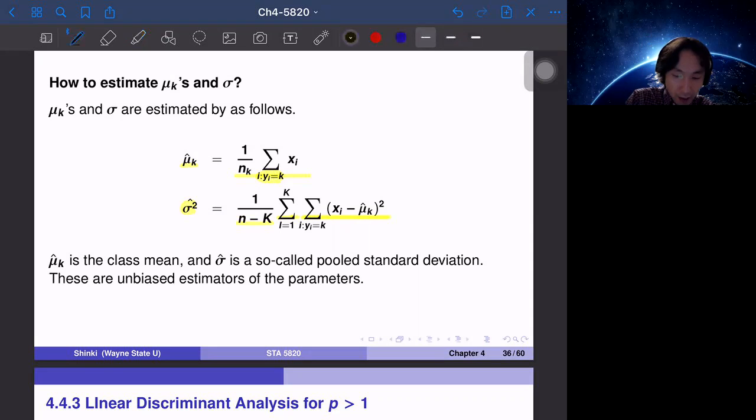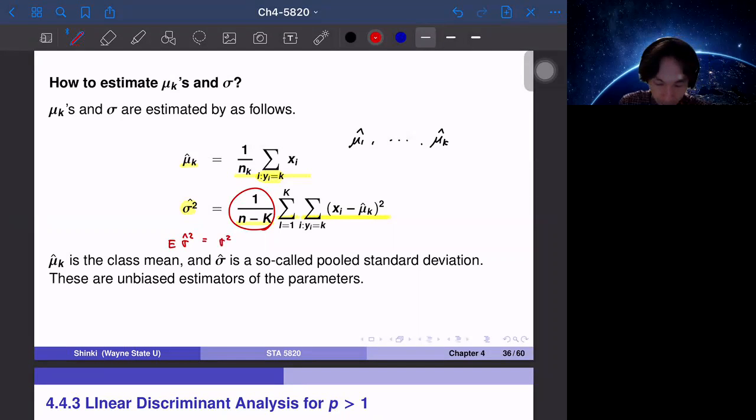Remember that we estimated mu 1 hat to mu k hat when we have k classes, so we lose k degrees of freedom. To make an unbiased estimate, we have to put n minus k. That means the expectation of sigma hat squared is equal to the true sigma squared, and the expectation of mu k hat is equal to the true mu k. So on average, this estimate is correct.